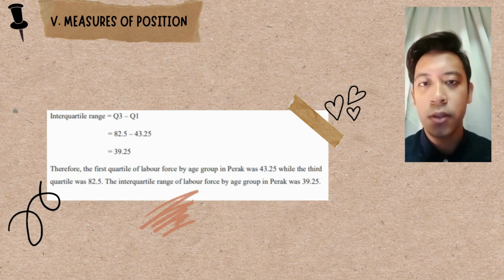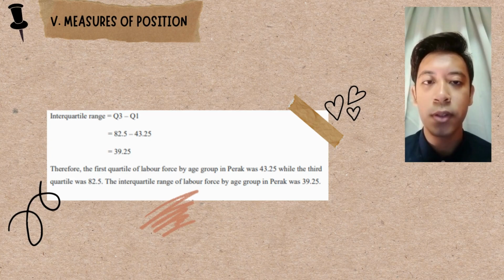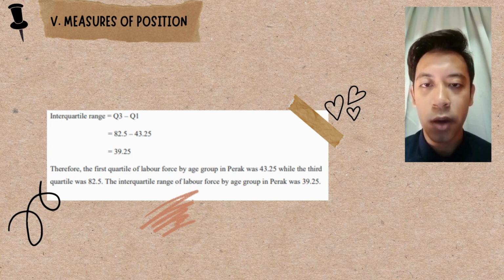For Q3, it is 79.5 plus in brackets 52.5 minus 48 divided by 15, multiplied by 10, equals 82.5.